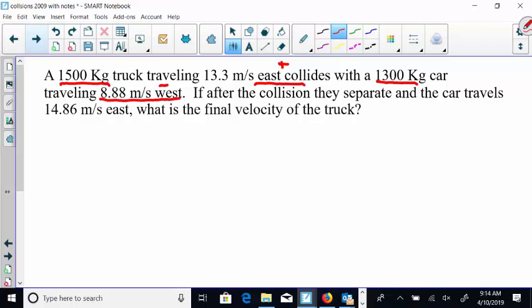If we keep our sign conventions the way we have been all year, then east is positive, west is negative. So if they have a collision and they separate, and that's kind of the key word for elastic, they bounce off of each other. And we know that the final velocity of the car is to the east.